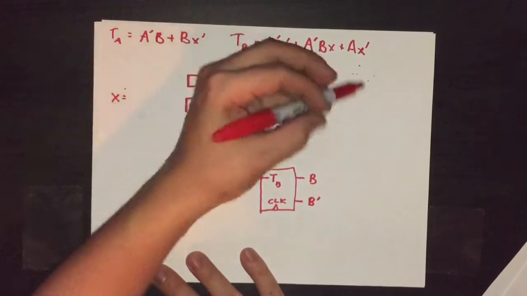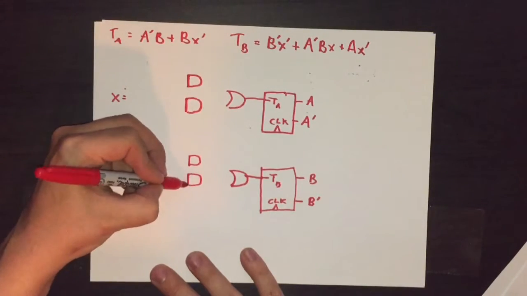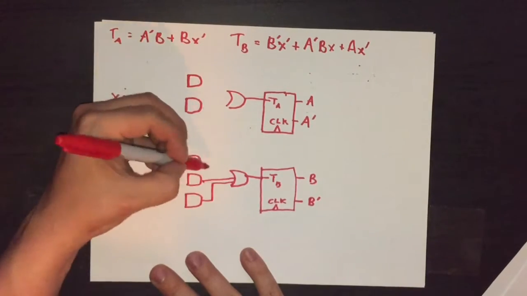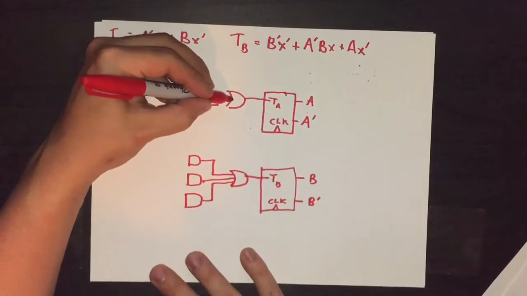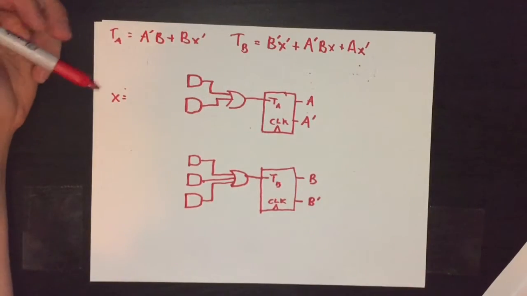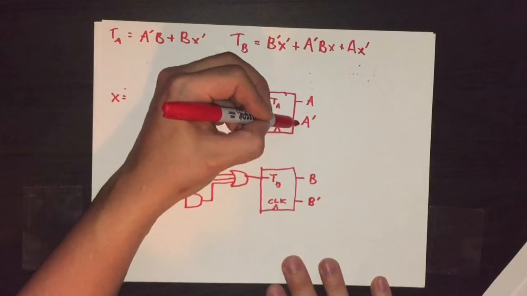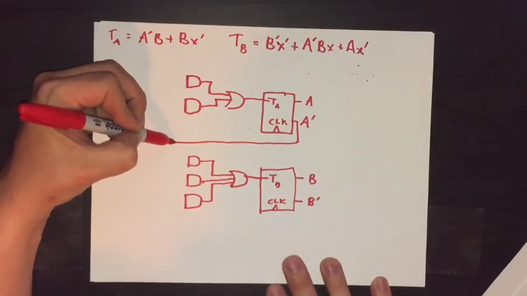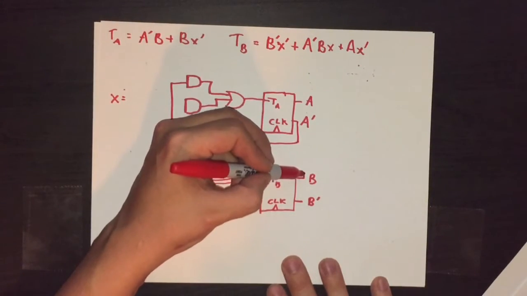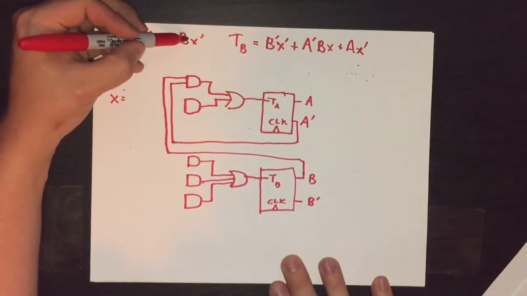And then we will have three ANDs. We'll have those all going in. Alright, now we just need to build our AND gates. Okay, first we'll have A naught, and then B, and then B X naught.